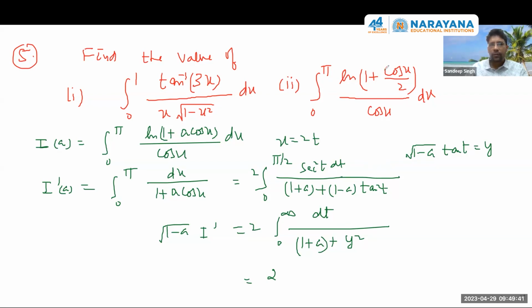Okay, so here obviously because I want a equal to half, let us define this for mod a less than 1 so that we can write this perfectly. So this will be in terms of what? Y square plus some constant square. So that will be 1 upon a. Correct me if I'm wrong. 1 upon a tan inverse y upon under root 1 plus a. I have taken mod a less than 1, 0 to infinity. Is it correct or not? Please tell me.